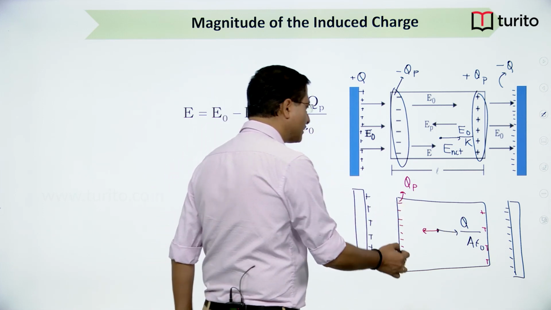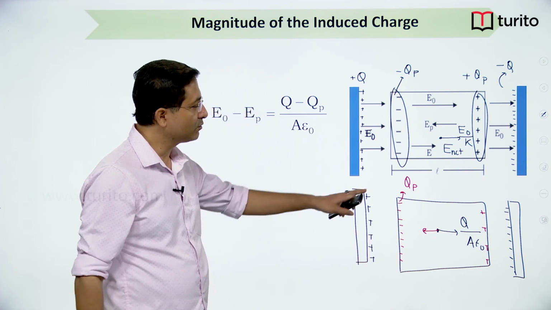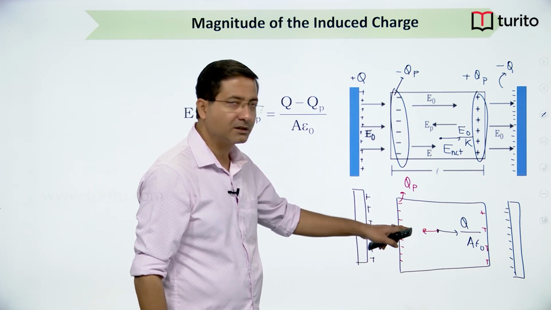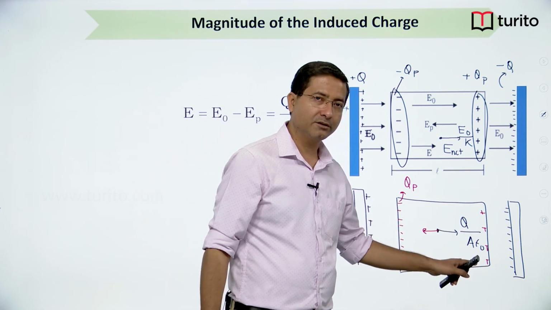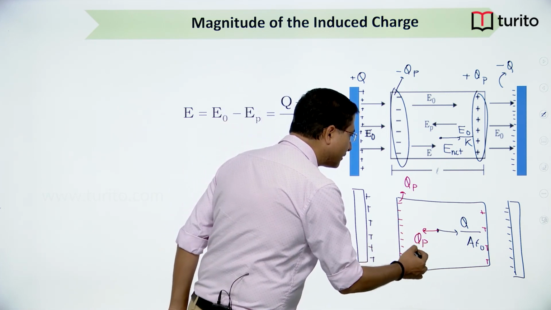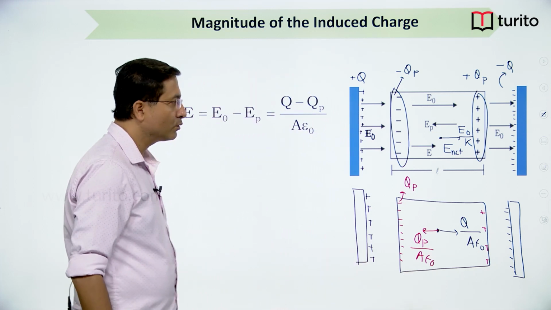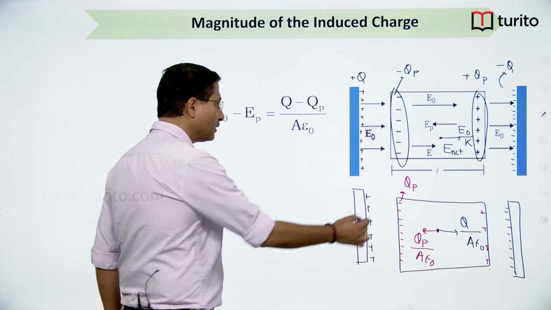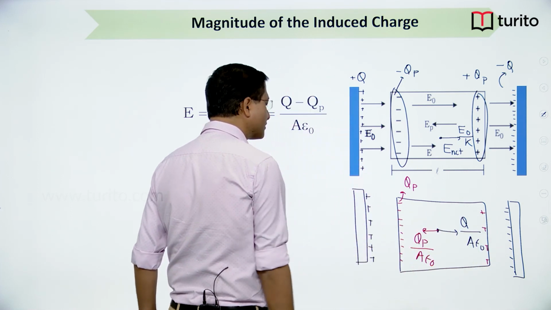How much will this negative charge produce at this particular point? That is Qp upon 2 epsilon naught, and Qp upon 2 A epsilon naught because of this positive charge. So, the net field at this particular point is Qp divided by A epsilon naught, due to the polarization charge.